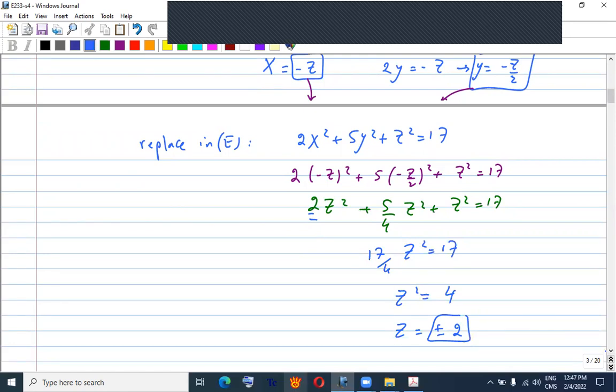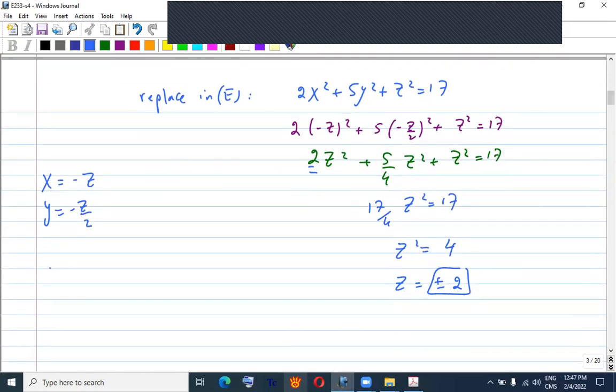Anyhow, so X is how much? Let's write X equals minus Z, Y equals minus Z over 2. Okay, so you have the Z now. For Z equals 2, you get X minus 2, Y to be minus 1.